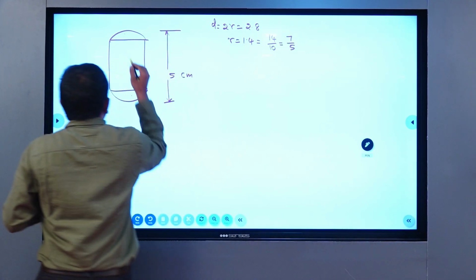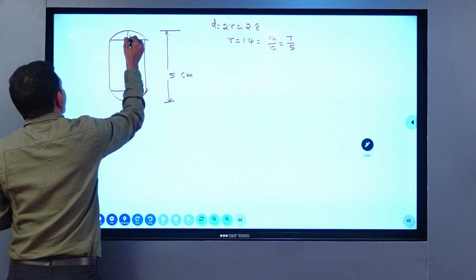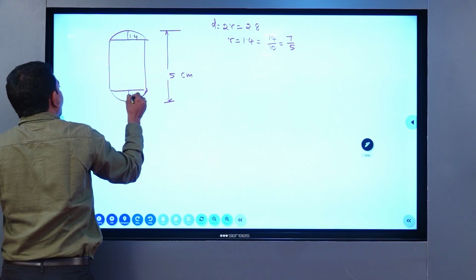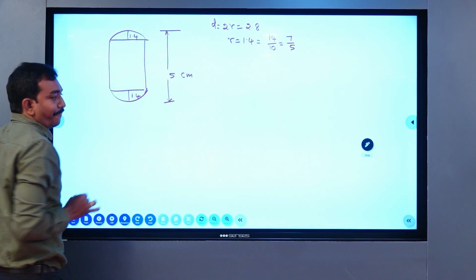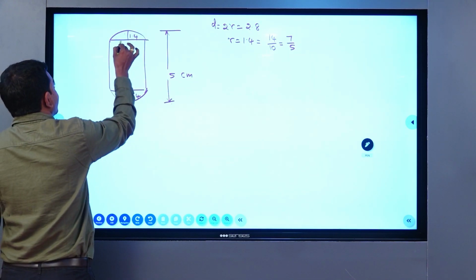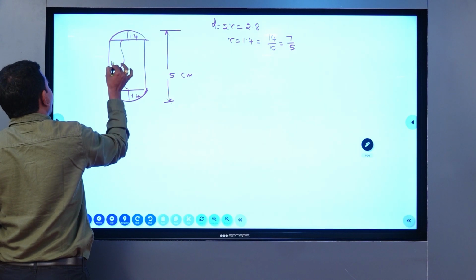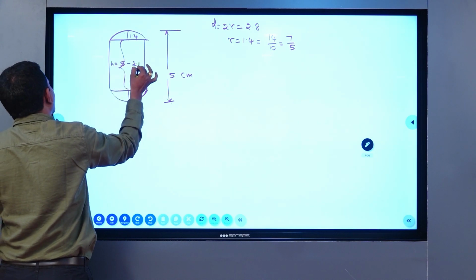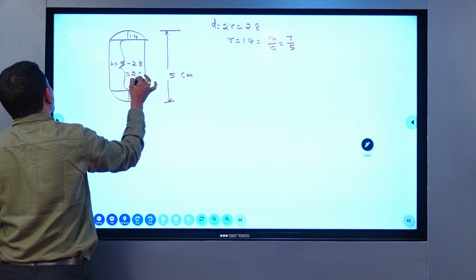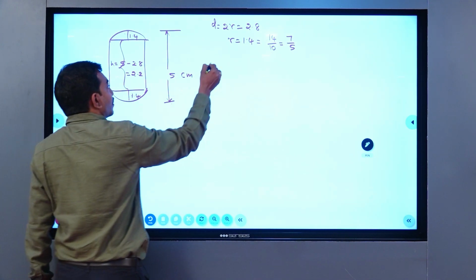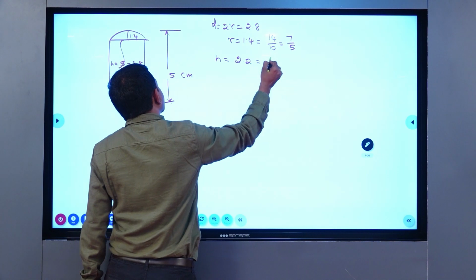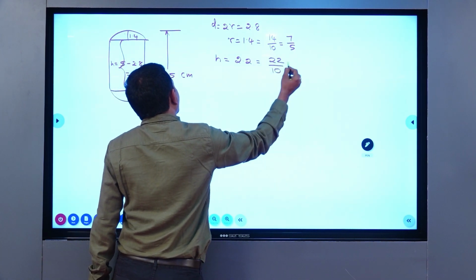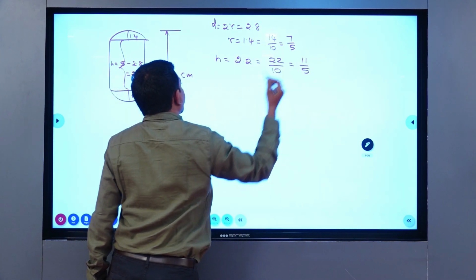So if you consider this is 1.4, this is 1.4, out of 5, 1.4 plus 1.4 is 2.8. The height of the cylinder would be 5 minus 2.8, that is 2.2 centimeters. So the height of the cylinder is what, dear students? That is 2.2 centimeters. This is 22 by 10, that is 11 by 5.